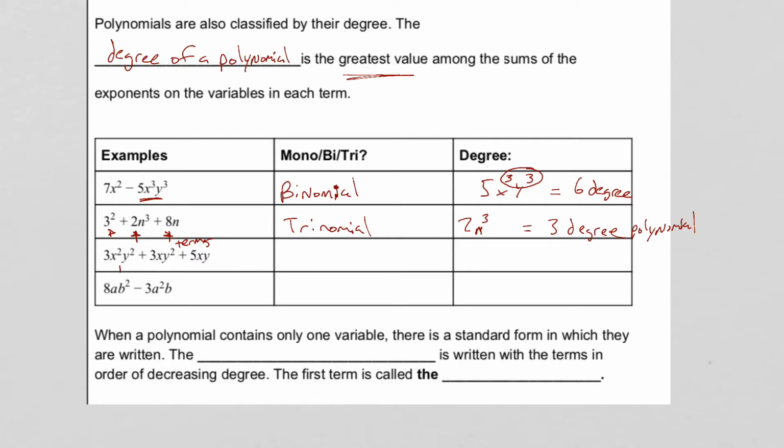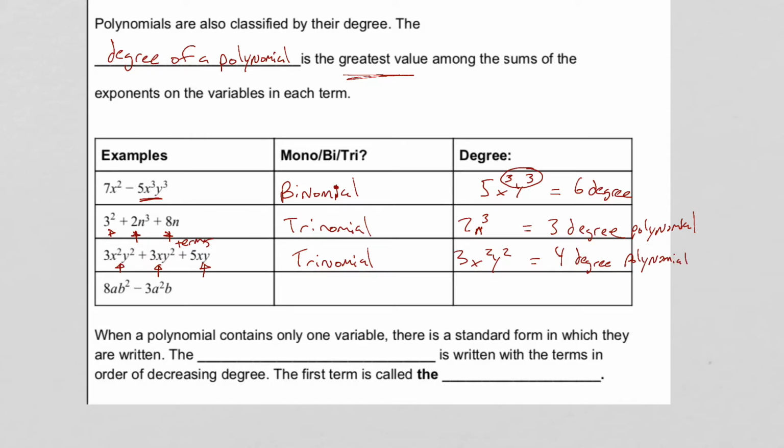And here we go. There's a term. There's a term. There's a term. This is a trinomial. And it looks like the largest one here is this thing, 3x squared y squared. And the sum of those exponents makes this a 4-degree polynomial.